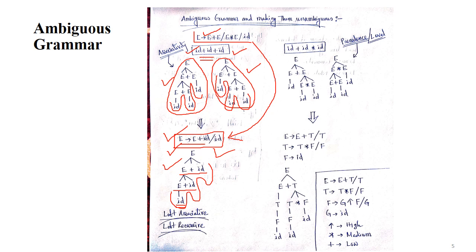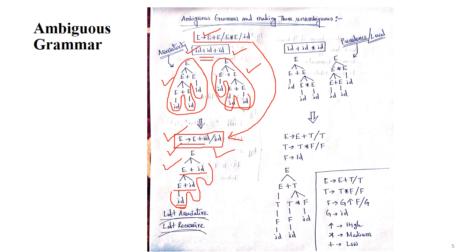But the main concern is we need to restrict the parser, or syntax analyzer, to only one parse tree. That is our motive, because we will always feed an unambiguous grammar to our parser.